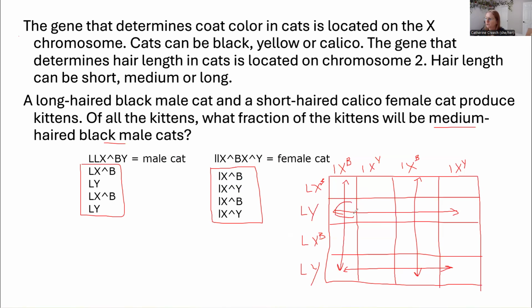You would get both traits here, here, here, and here. That would be 4 out of 16, which if we reduce is 1/4 of our kittens. So 2 different ways to do it, the same outcome each time.